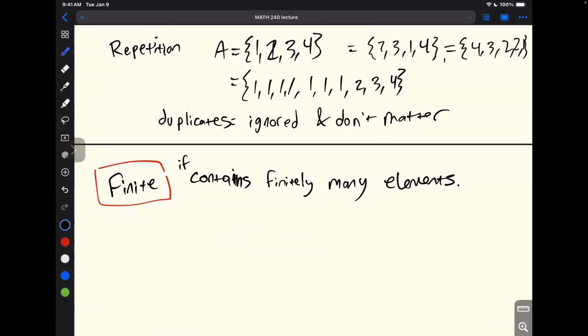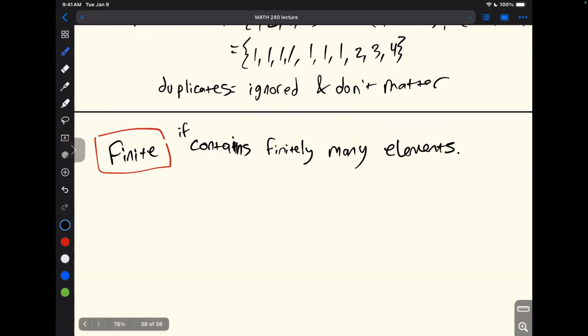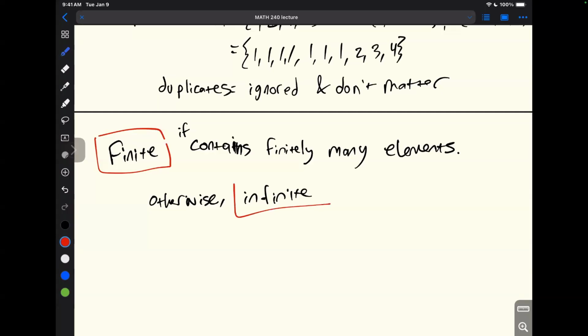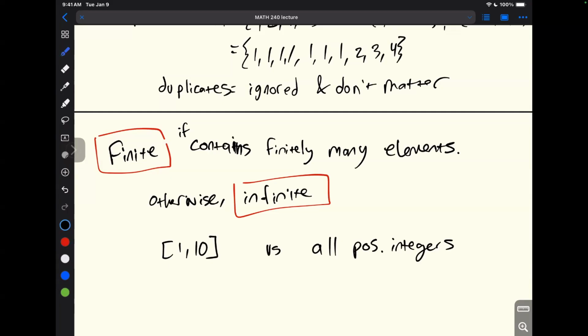Great. Okay, so it's finite if it contains finitely many elements, which is kind of self-explanatory. This is important because otherwise we call it infinite. And so this is like the difference between the integers from 1 to 10 versus all positive integers, right?